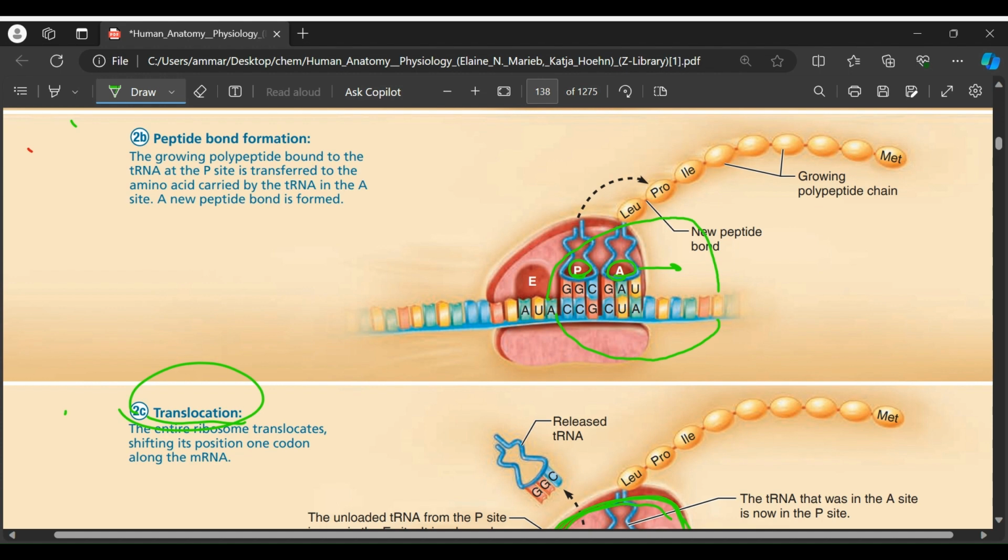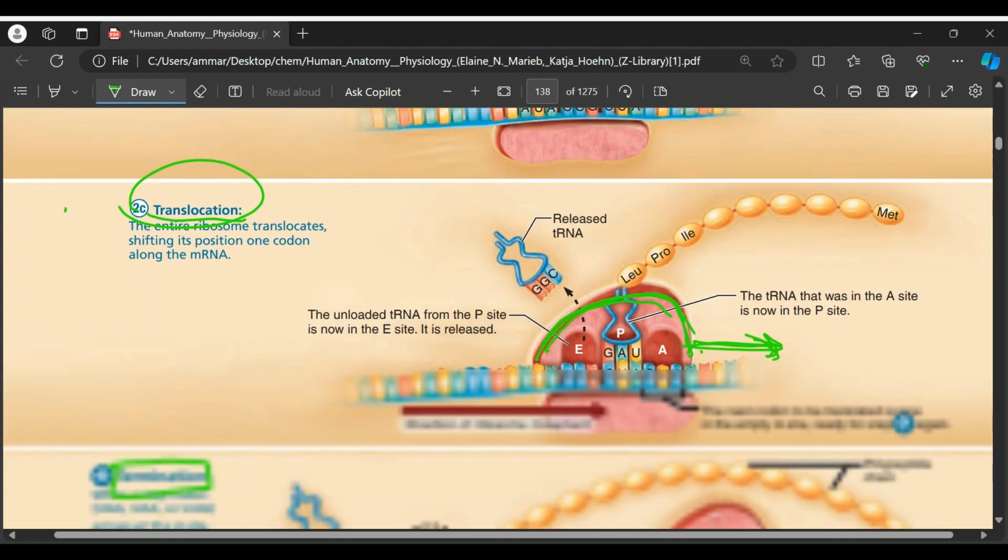So now this becomes the A site, this one the P, and this one the E. So this tRNA I'm lining now will become in the E, whereas it was initially in the P. And the one that was in the A site will become in the P site. And then the A site will be empty for another tRNA to join the party. That's how translocation happens.